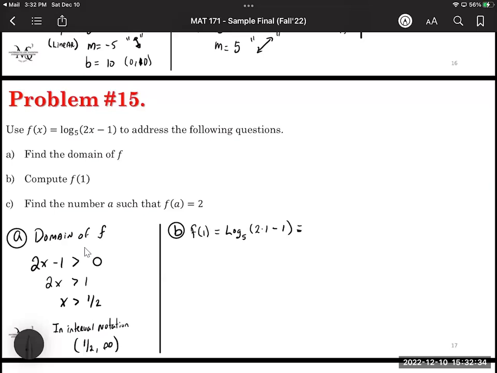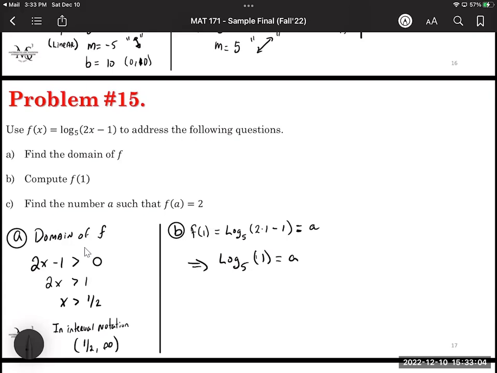I'm just going to call it A for now. So what's 2 times 1 minus 1? 1. So you get log base 5 of 1 is equal to A.